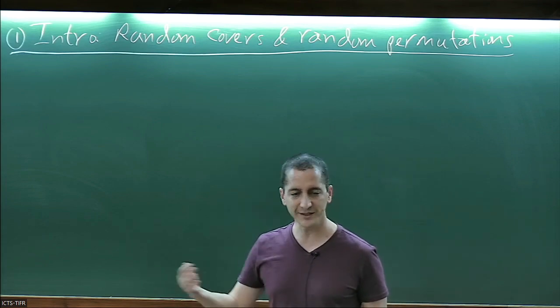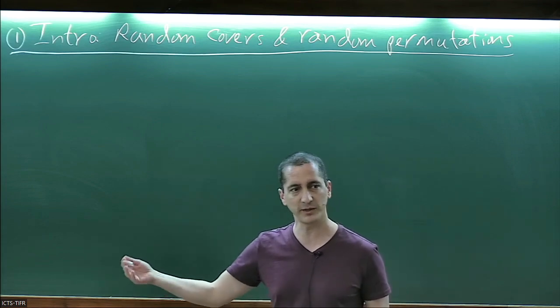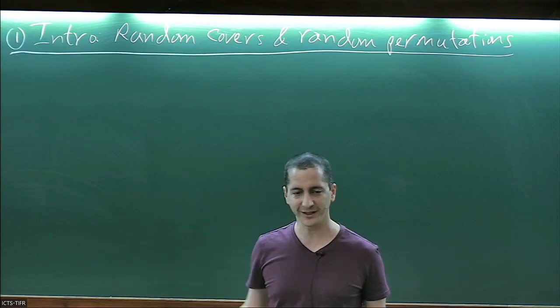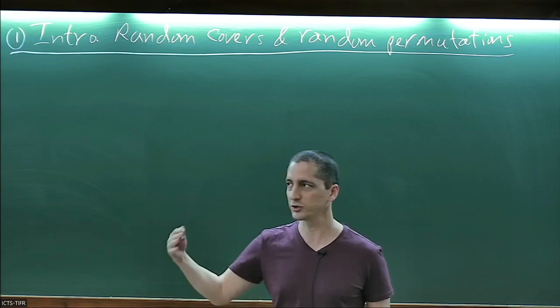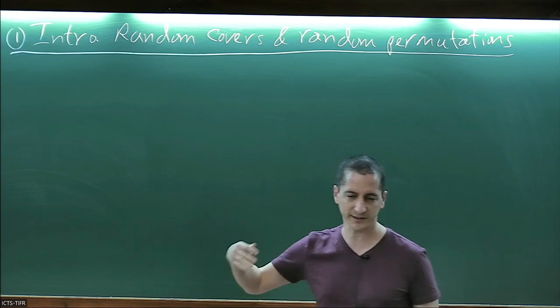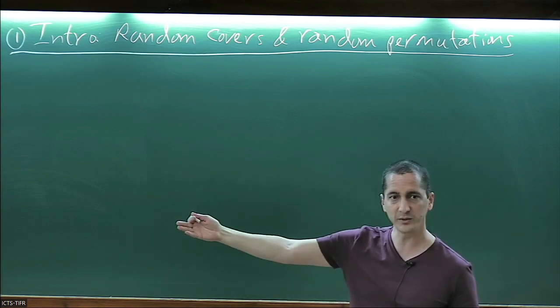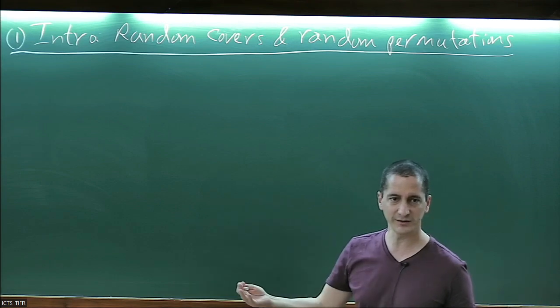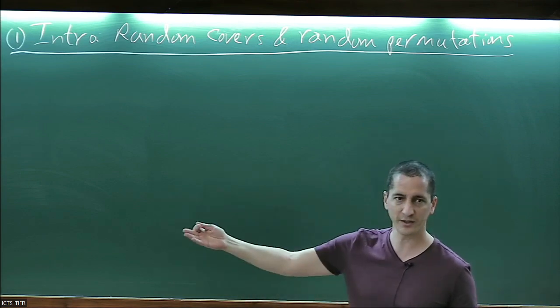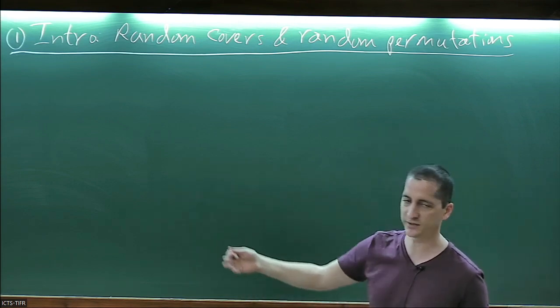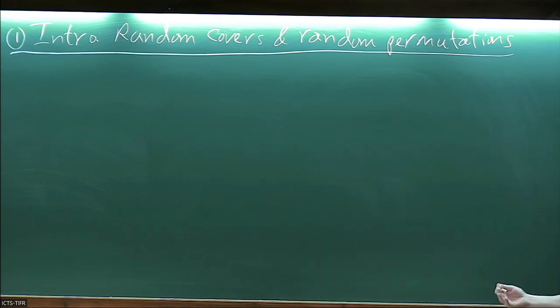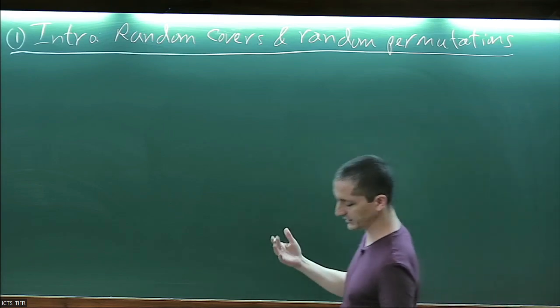We want to show that there is an object which satisfies, say, that a function has at least a certain value. It's enough to show that the expectation of this function is at least this value. Therefore, we know that there is such an object.